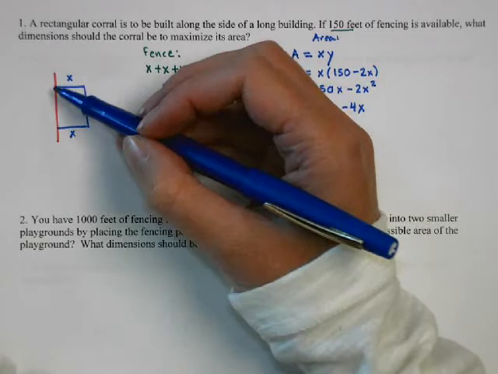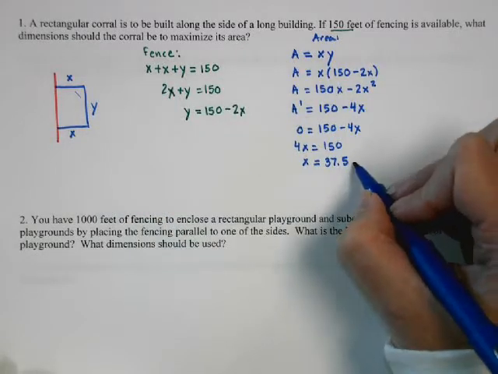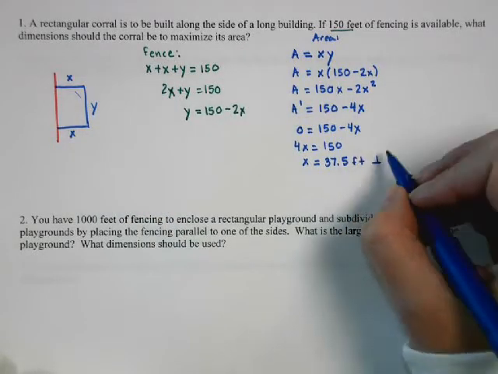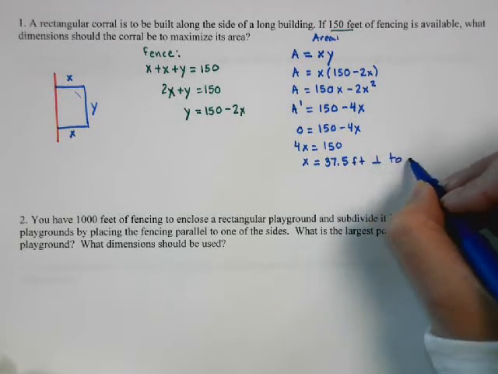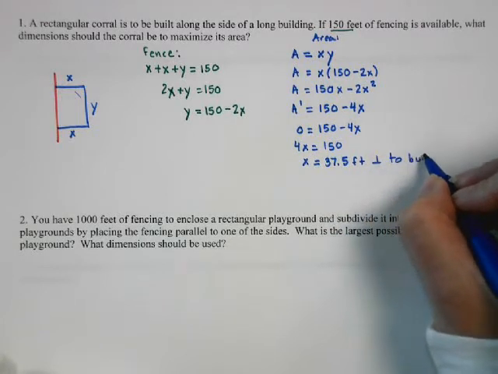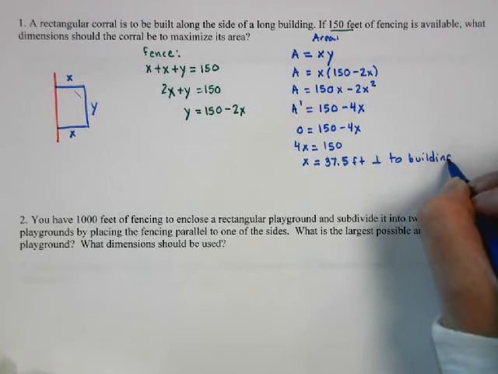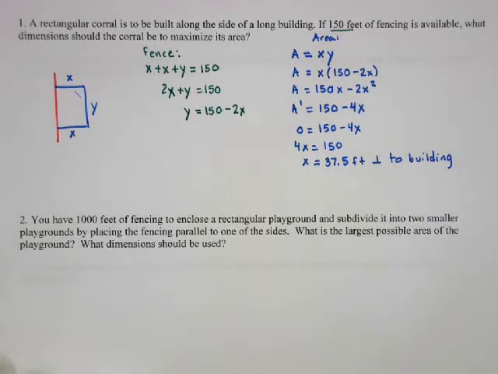So x equals 37.5. So x, the dimension perpendicular to the building, is going to be 37.5.